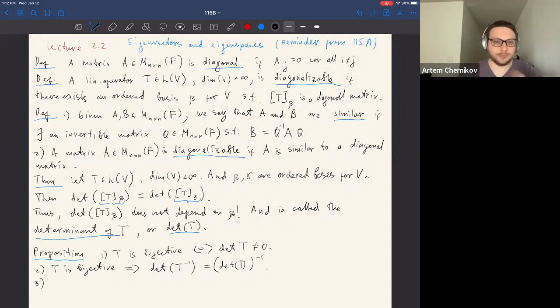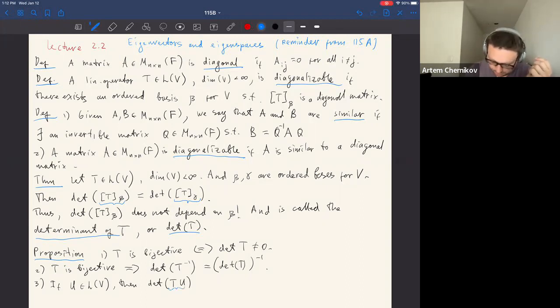And the third property is that if we have U, another linear operator on V, then the determinant of the composition, yeah, so T composition with U, which is again a linear operator on V, right?